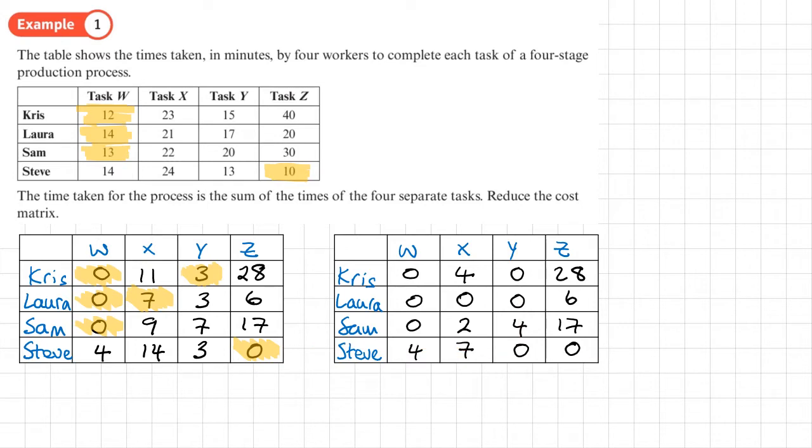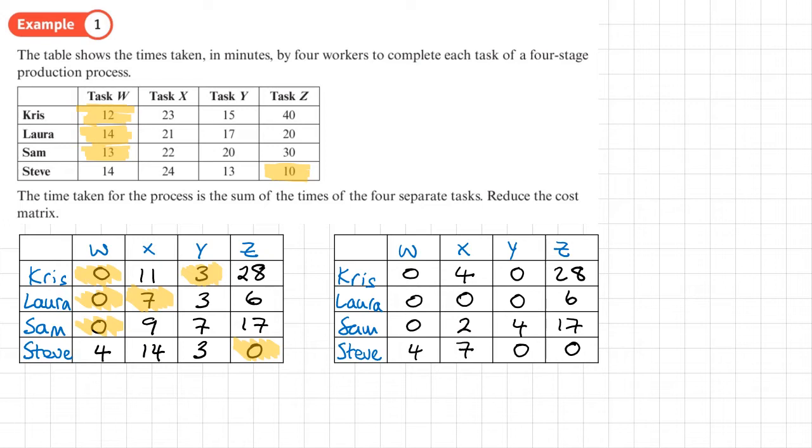Now where we've got a single 0 in a row or column, then we must allocate that worker to that task. So for example, I can see that in this first column I could allocate task W to any one of these 3 people here, Chris, Laura or Sam, because there's a 0 here. But when I get to the second column, I can only allocate Laura to task X, because that's the minimum cost.